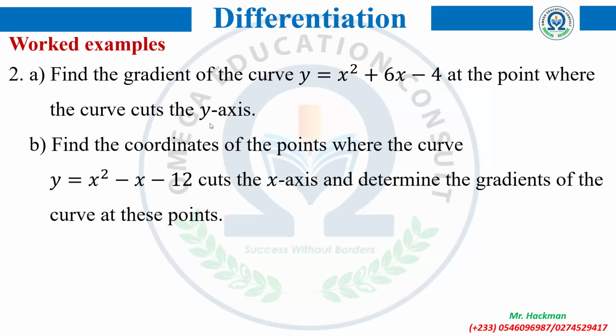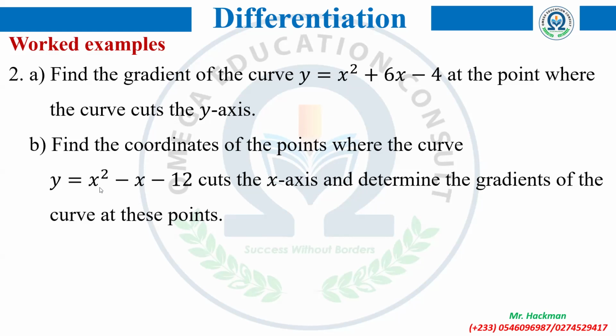So let me explain this. You need your x here. X is also not given. He said the curve cuts the x-axis. Determine, so at the point where it cuts the x-axis, you know that at the x-axis, y is equal to 0. So you substitute y is equal to 0 here. You solve this, you get 2 x-intercepts, 2 x values. Then you are asked to find the gradient at these points.